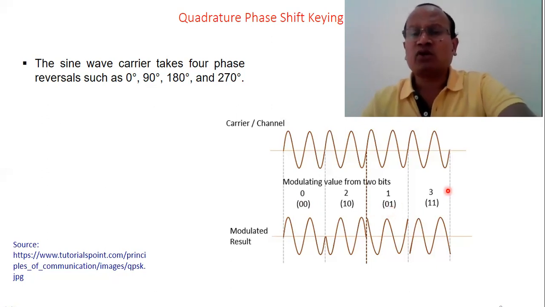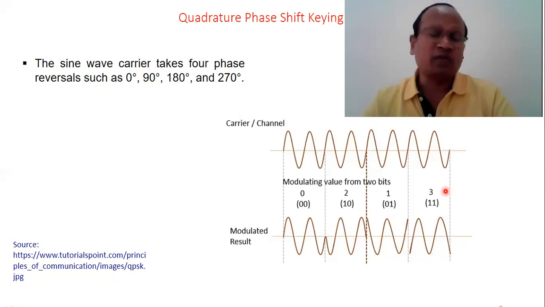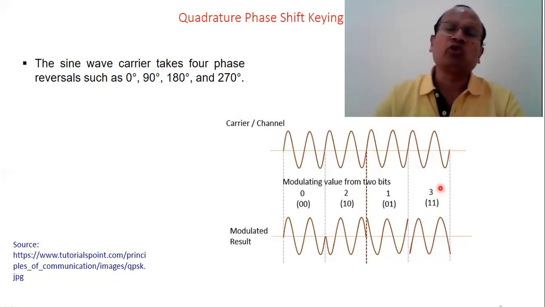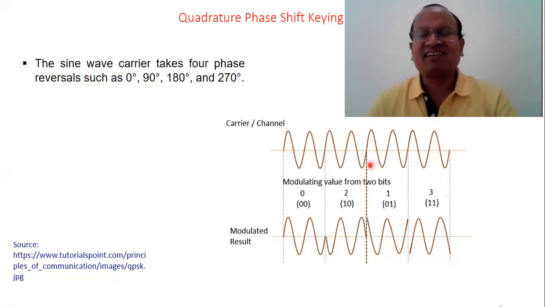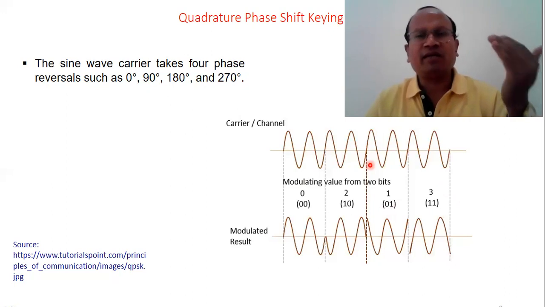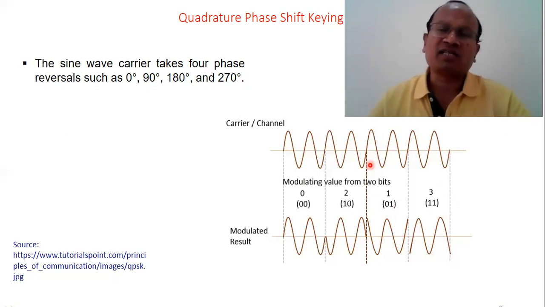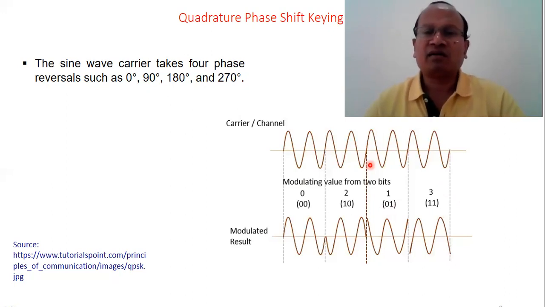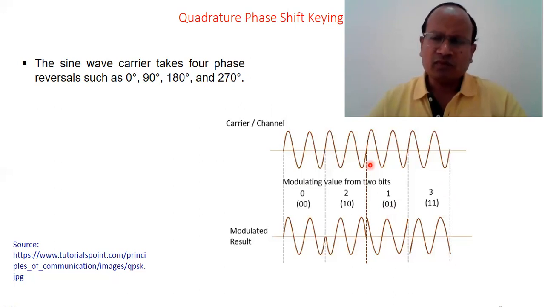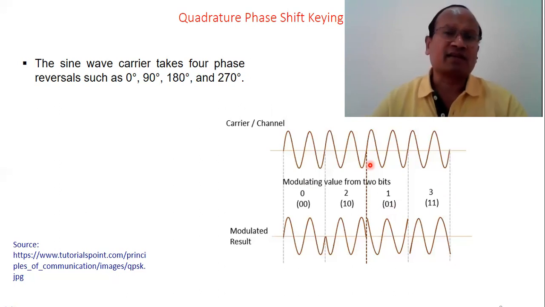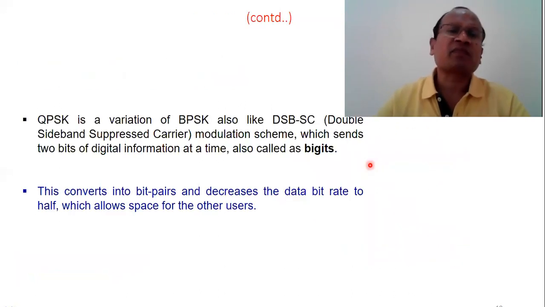So in other words, we can also say that in QPSK, we allow two bits together to communicate. Rather than communicating a single bit, two bits are communicated simultaneously. Two bits are used for coding, for modulating the carrier signal together in QPSK.